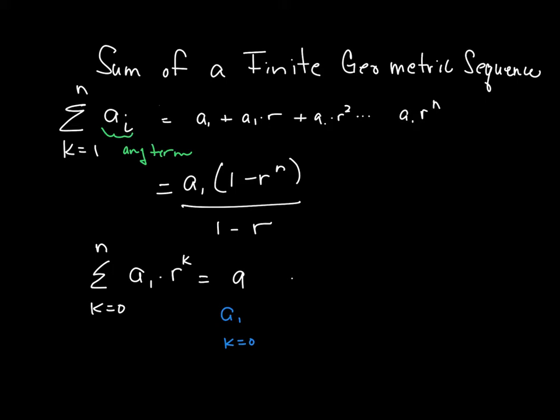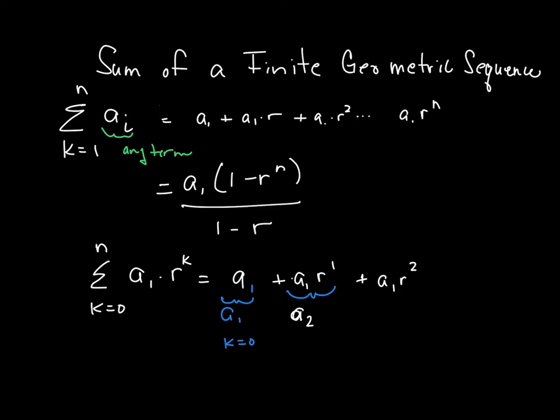Now, the second term, or A sub 2, would be, in the formula, A1 times R to the 1. Again, this is the first term. This whole piece is the second term. Now if I do it one more time, the third term would be A1 R squared.